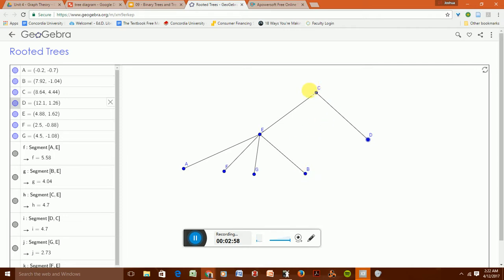We can say things like C has two children, E and D. E has four children. D has no children. Okay. So again, these are all different things that we can say about rooted trees. If we are given a specific root, these are the type of statements that we can make concerning that rooted tree.